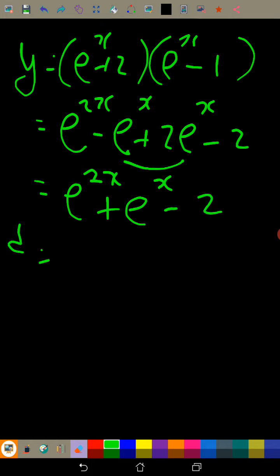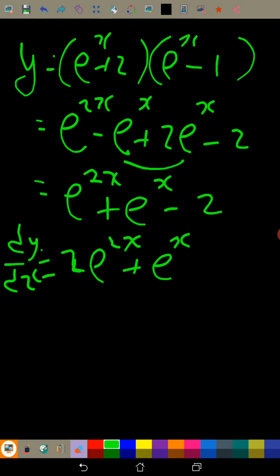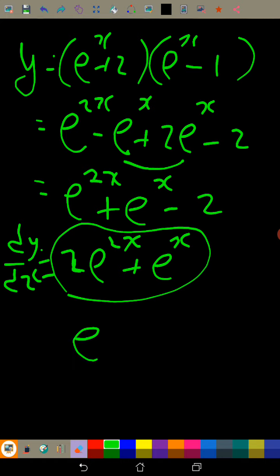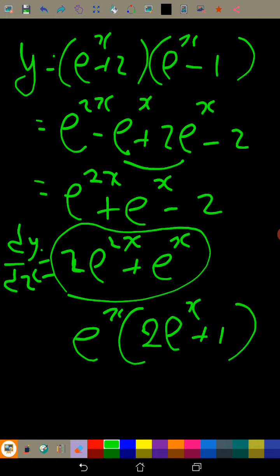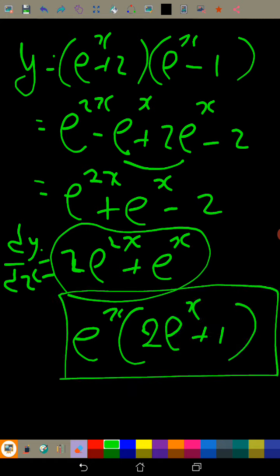So if we do the differentiation, dy by dx, we'll get 2e to the 2x plus ex. So we have this, and we can take this out, I guess, and we'll have like 2ex plus 1 might be the result for this.